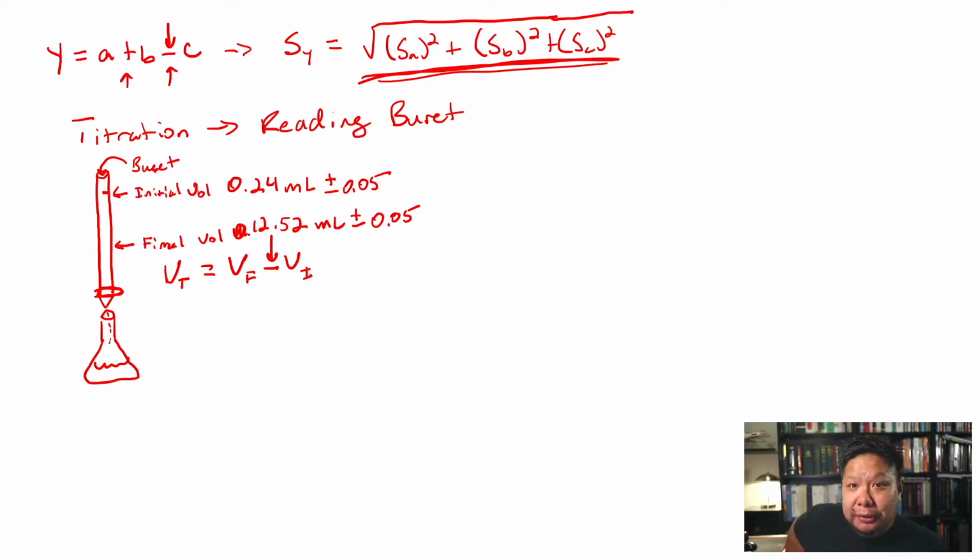Well, that's true. You could do that, but if you did do that type of calculation for the propagation of error, your uncertainty would be abnormally large, meaning that it assumes that every one of your measurements is off by that much. And it's very unlikely that all your measurements are off that much.